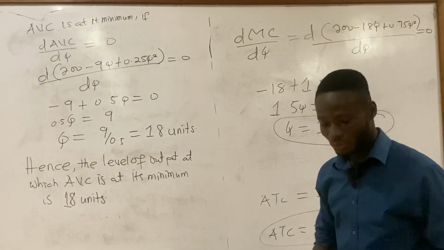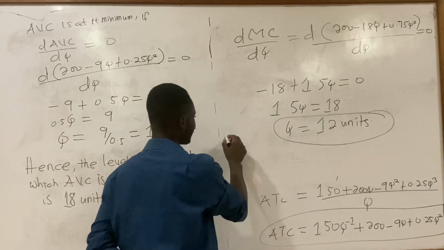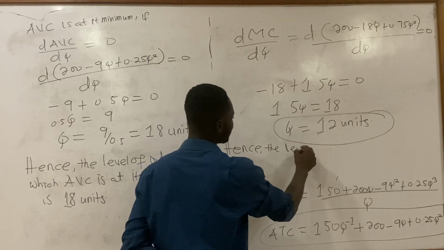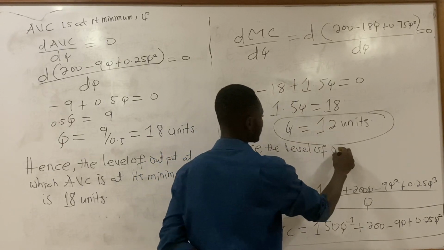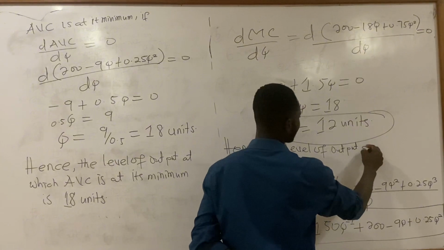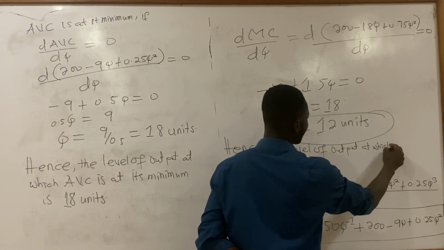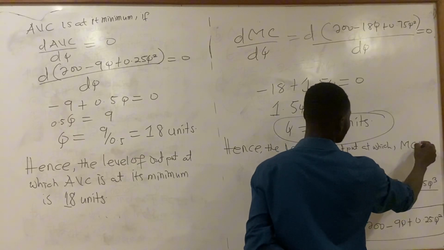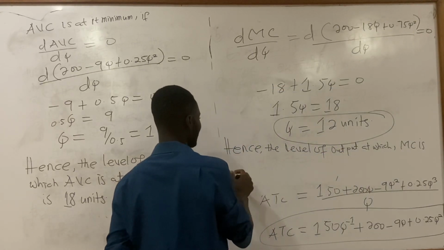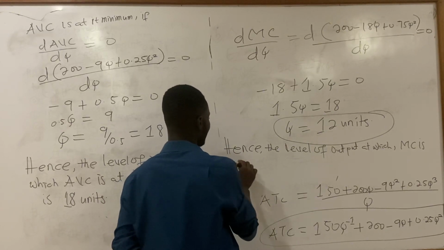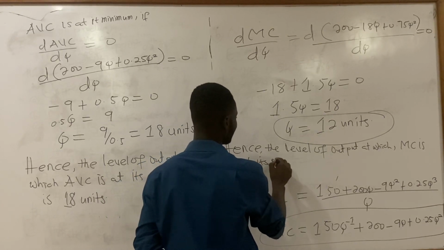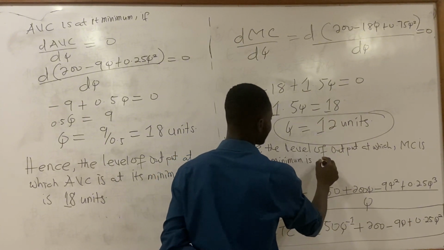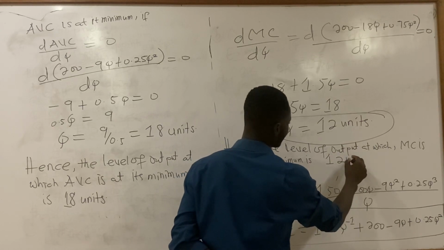All right. So we conclude by saying, hence, the level of output at which MC is at its minimum is 12 units.